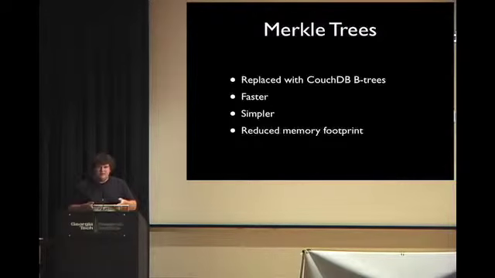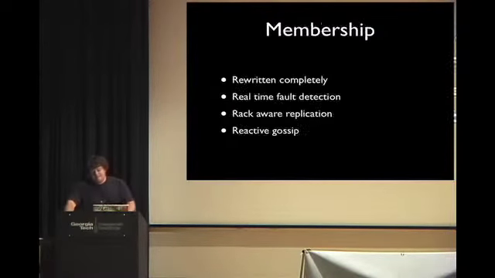CouchDB's trees have this incremental MapReduce thing they do, which is pretty much the exact same algorithm that you'd want for making a giant hash tree on disk. So it actually ended up pretty nice. The Merkle trees in my local branch are now using the CouchDB B-trees. They're faster, they're simpler, much smaller memory footprint, and they don't get backed up on writes, which is very nice.